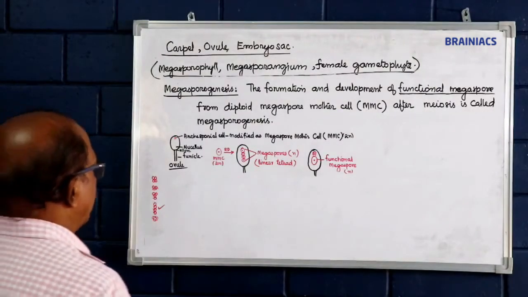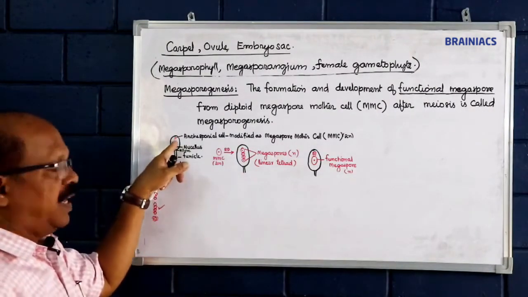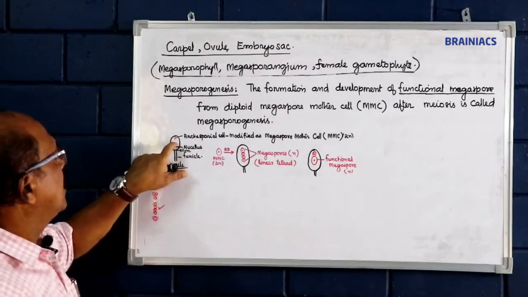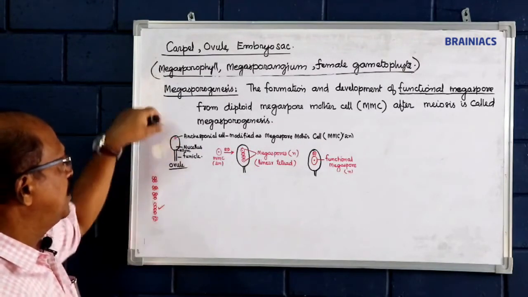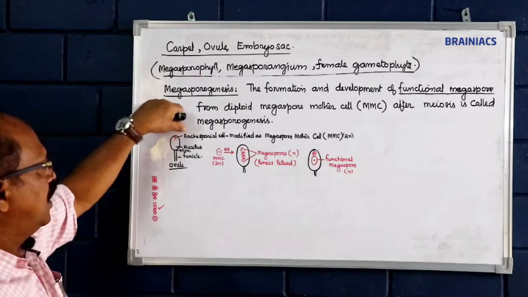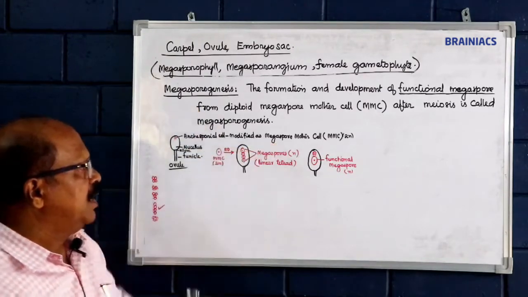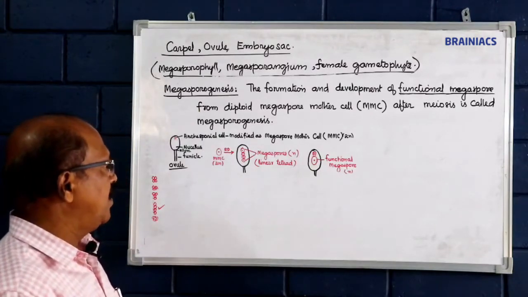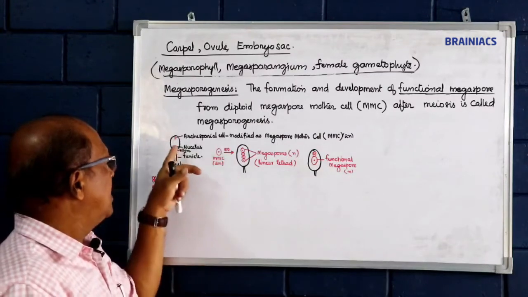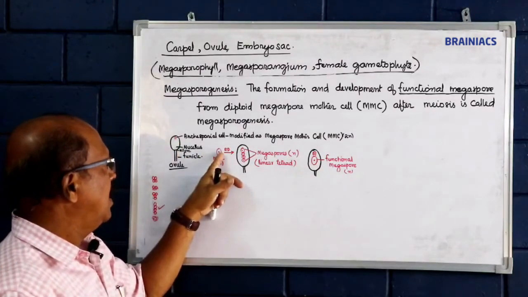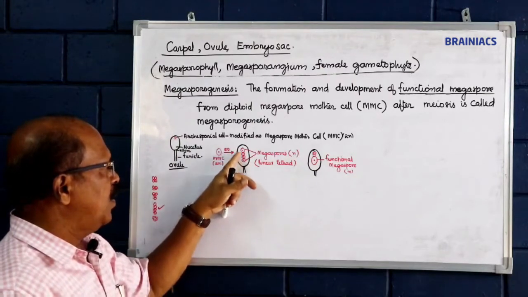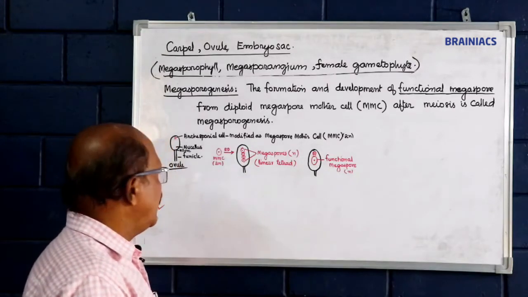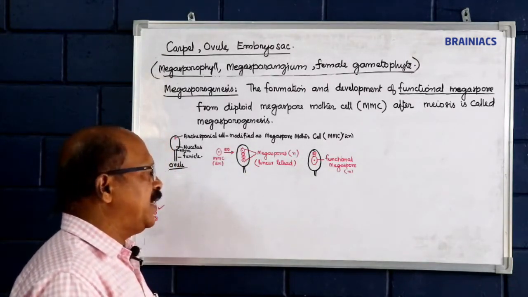See, once again, please: the ovule carrying the nucellus tissue, at the free end an archisporial cell which is modified as megaspore mother cell or MMC. It is diploid, and this cell undergoes reduction division, forming 4 haploid cells, the megaspores, arranged in a linear manner, and that is why it is called a linear tetrad.